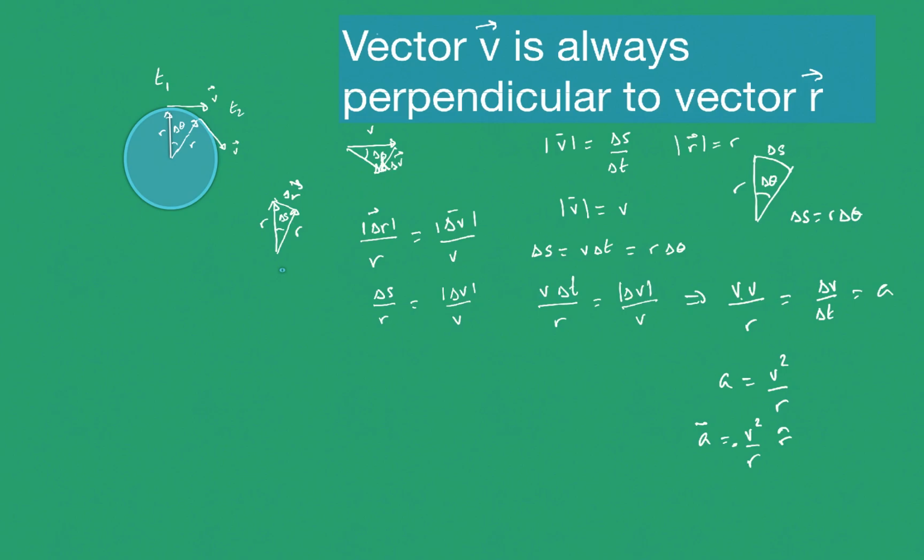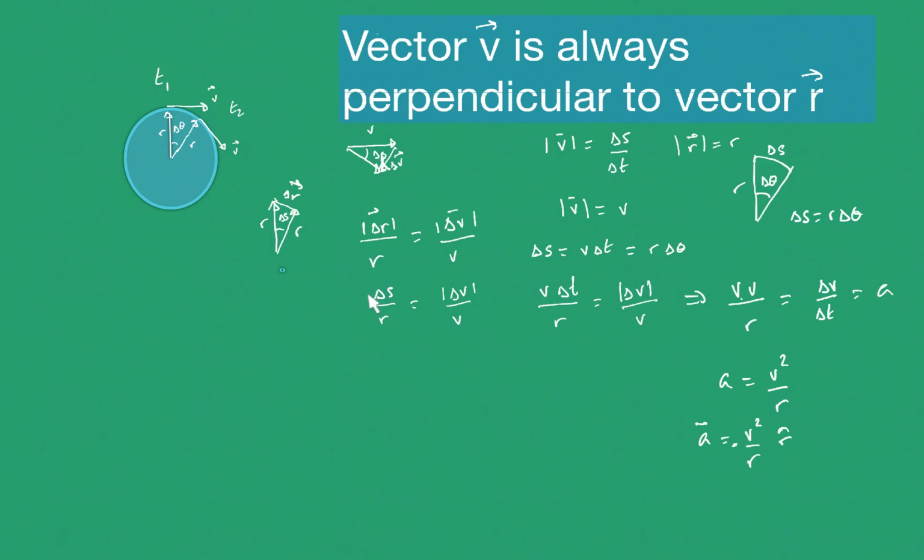And they are similar. So delta v divided by v will be equal to the magnitude of delta r divided by r, because they are two isosceles triangles.